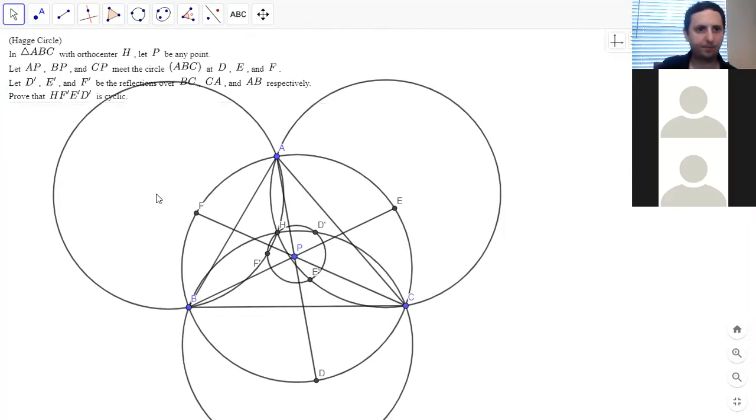Okay, so, all right, we have those three cyclic quadrilaterals. Is there anything else we can use? It feels like it should be an angle chase. So angle F prime H D prime is angle BHD prime minus BHF.